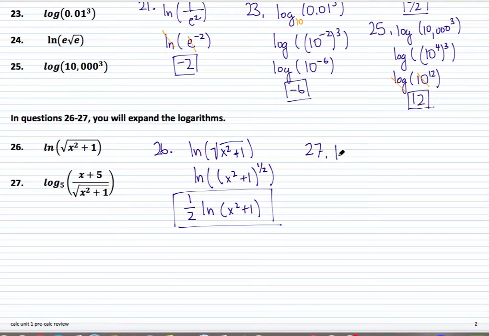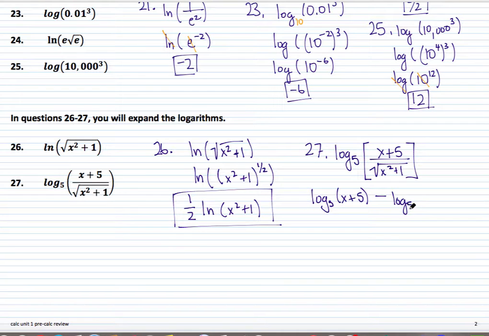27 is a little more complex, so I have log base 5 of, I'm going to use brackets here, x plus 5 in the numerator over the square root of x squared plus 1. I can do two things here. First, I have a fraction in here, so I'm going to break this into two pieces. So I have log base 5 of my numerator, which is x plus 5, and then I'm going to subtract what's dividing in here.